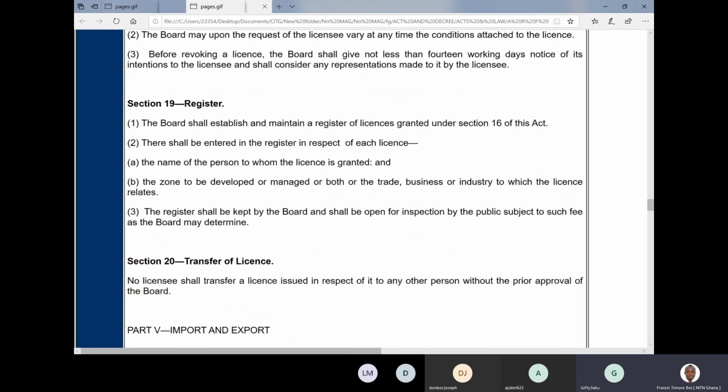19. Register. Subsection 1. The board shall establish and maintain a register of licenses granted under section 16. So this one, I don't know how many companies have registered. We may see it under the free zones annual report.